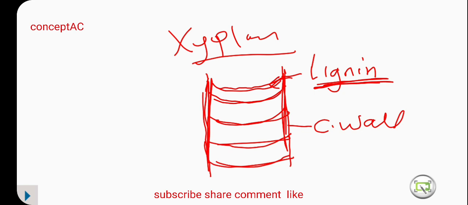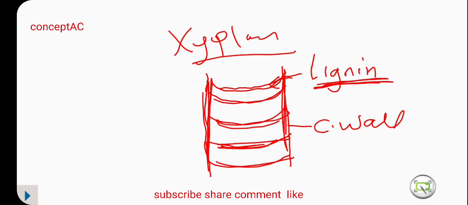The absence of protoplasm makes the xylem have a hollow space. The whole wall is lignified, which makes it strong to do its function, which makes the stem strong enough to give mechanical support to the plant.